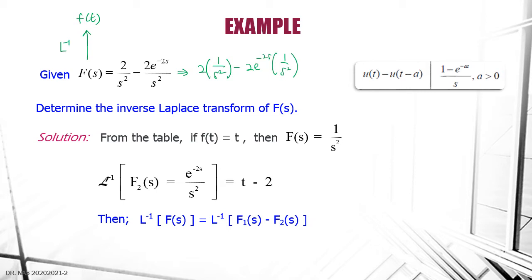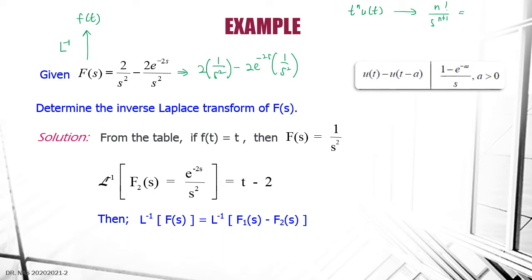So you may notice that when you have s to the power of 2, from the table it is supposed to be t to the power of n u(t), and in the S domain it will be n factorial divided by s to the power of n plus 1.